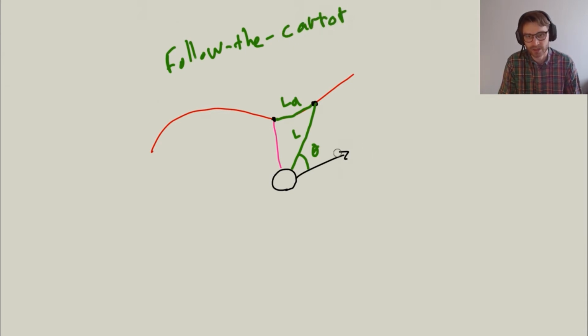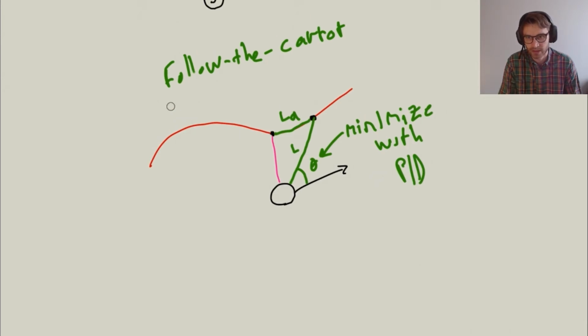And now we also need a PID controller, or at least a proportional controller, that controls the steering of the vehicle so that it tries to minimize this angle over here, this theta. So minimize with PID.